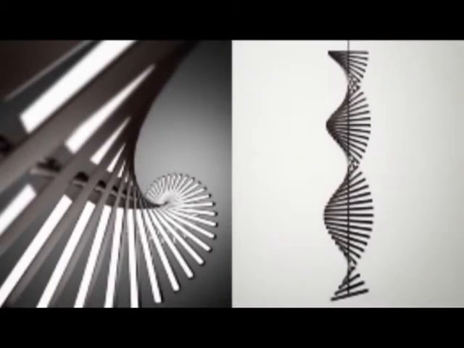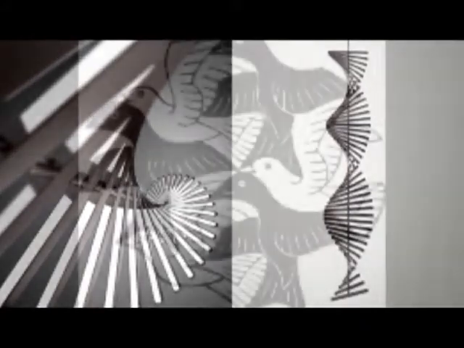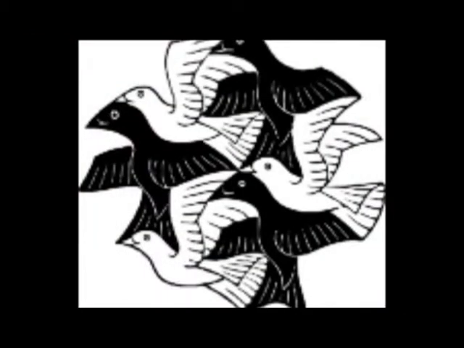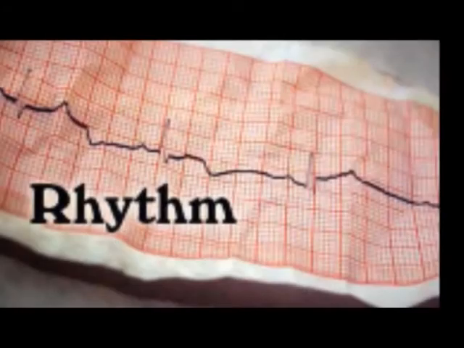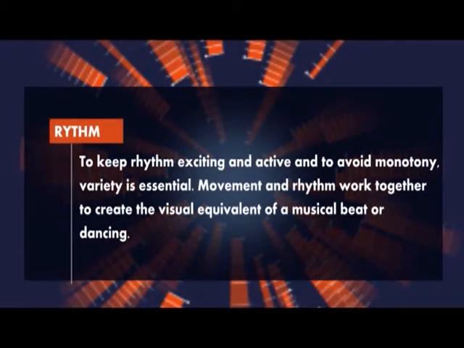Thirdly, rhythm is created when one or more elements of design are used repeatedly to create a feeling of organized movement. It is the repetition of visual movement of the elements to keep reading exciting and active, and to avoid monotony. Variety is essential. Movement and rhythm work together to create the visual equivalent of a musical beat or dancing.